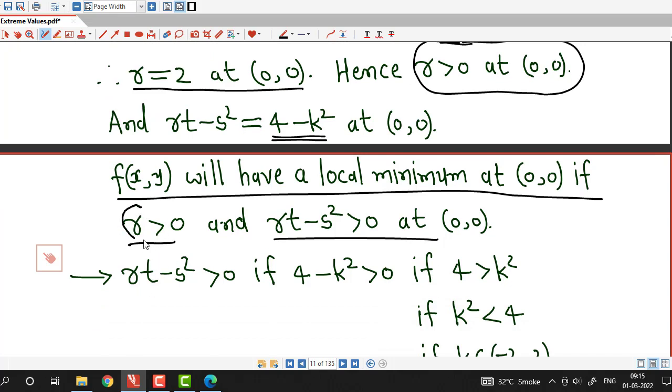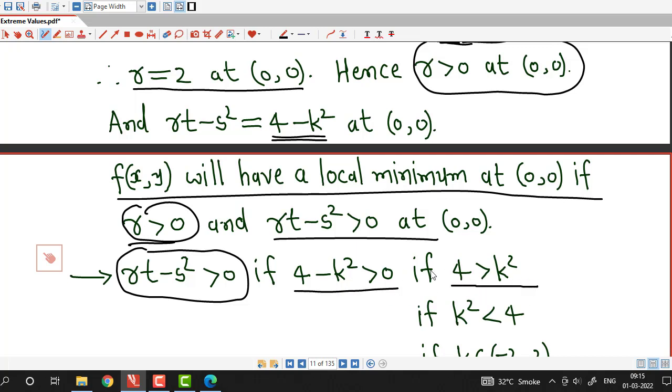r is clearly positive at 0 0. rt minus s square is positive at 0 0 if 4 minus k square is positive at 0 0. That means if 4 is greater than k square, or this we can rewrite as k square is less than 4, and k square is less than 4 if k lies between minus 2 and 2.